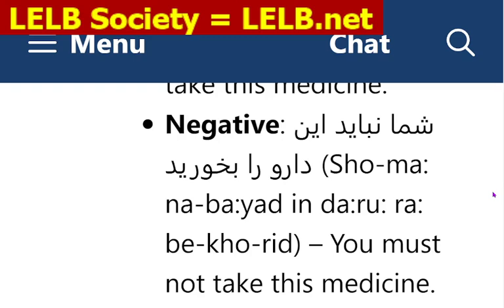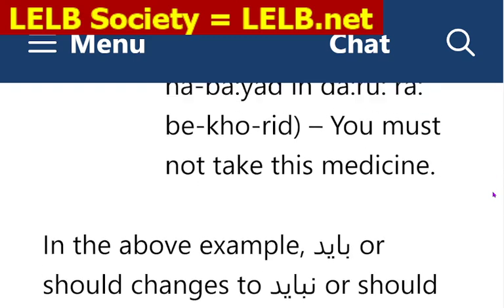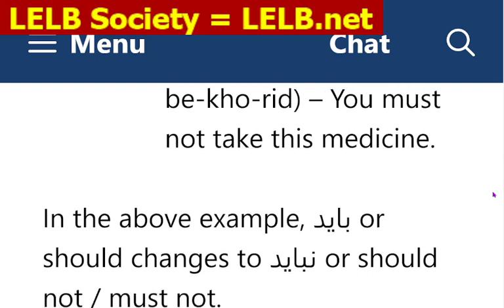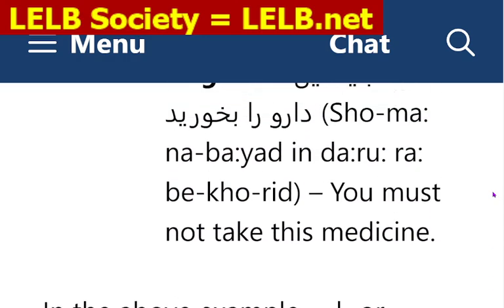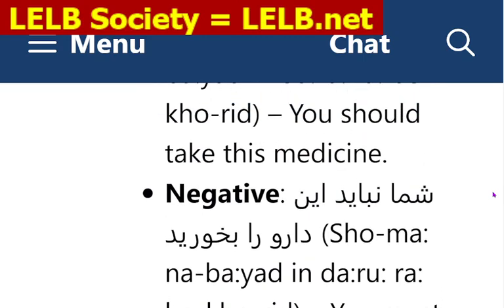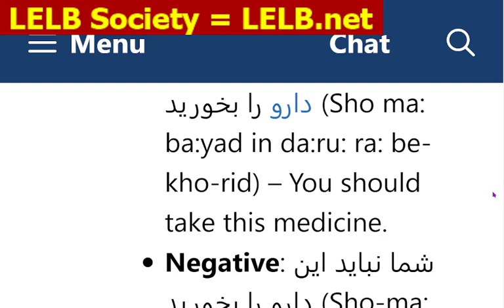It is negated with نباید, with باید, like should or should not, or must or must not. شما نباید این دارو را بخورید. You must not take this medicine. In the above example, باید or should changes to نباید or should not or must not. And the principal verb is not negated because that would be double negation, which is wrong.